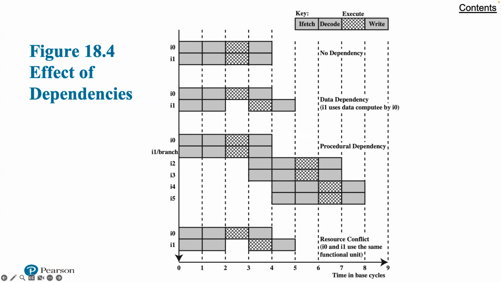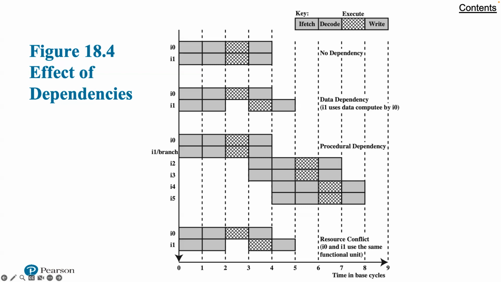The second instruction can be fetched and decoded, but cannot execute until the first instruction executes. The reason is that the second instruction needs data produced by the first instruction. This situation is referred to as true data dependency, also called flow dependency or read after write dependency.